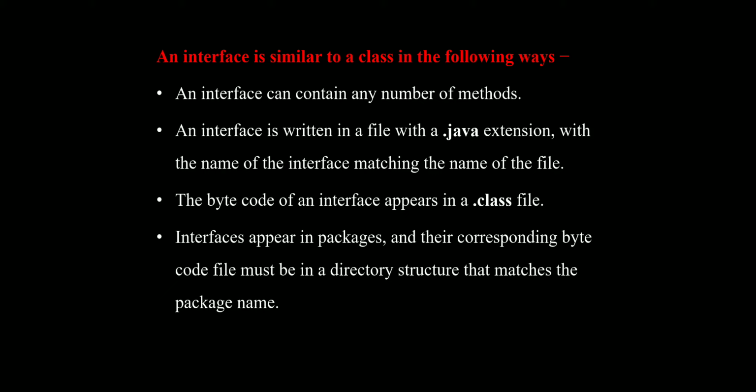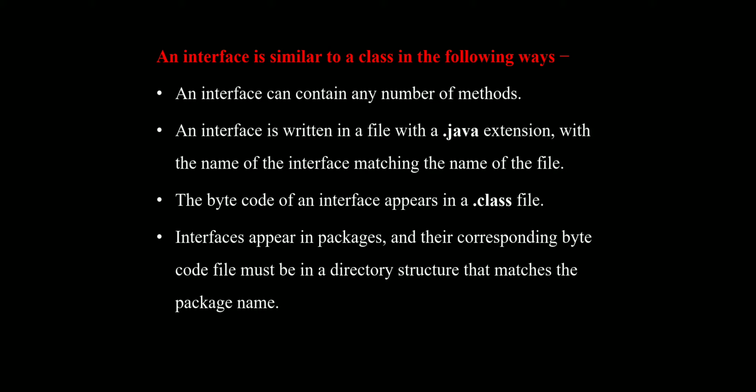First, an interface can contain any number of methods. An interface is written in a file with a .java extension, with the name of the interface matching the name of the file, and the bytecode of an interface appears in .class files.